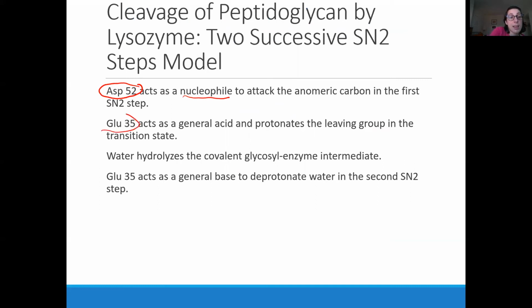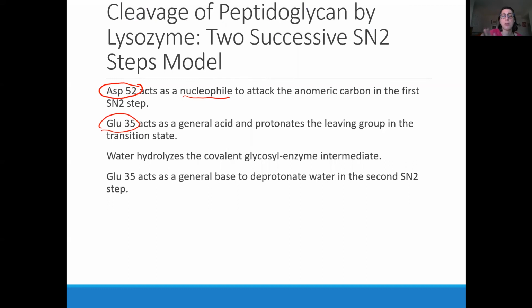Then we have this glutamate, number 35, that's going to act as an acid, and it is going to protonate what will be the leaving group in the transition state. So again, this is helping to quicken the reaction by helping with transition state formation.